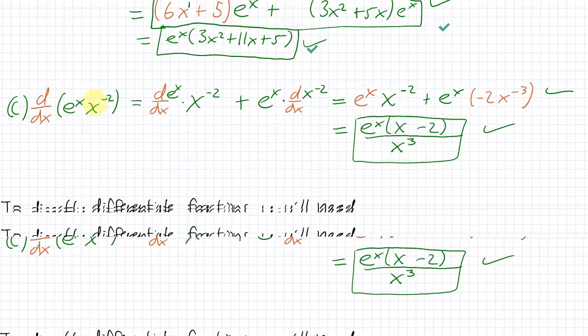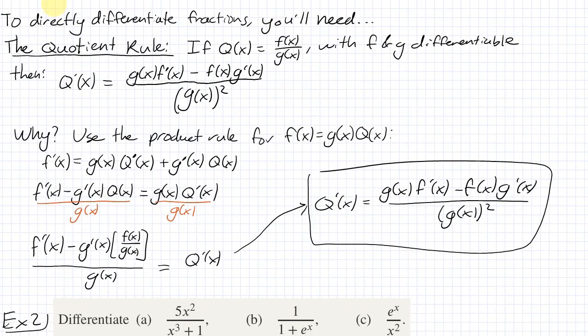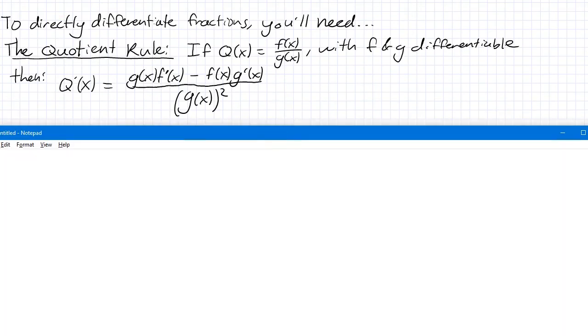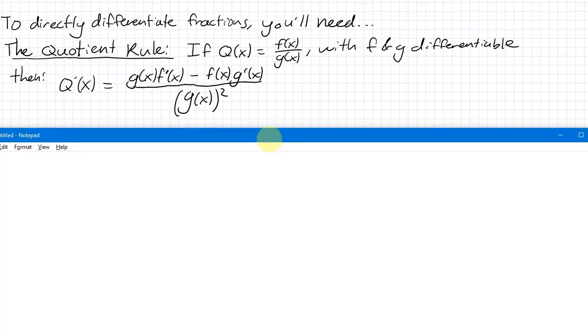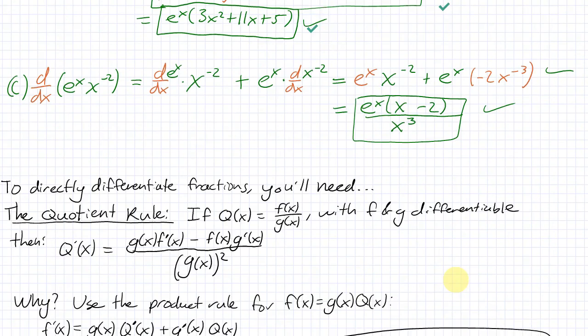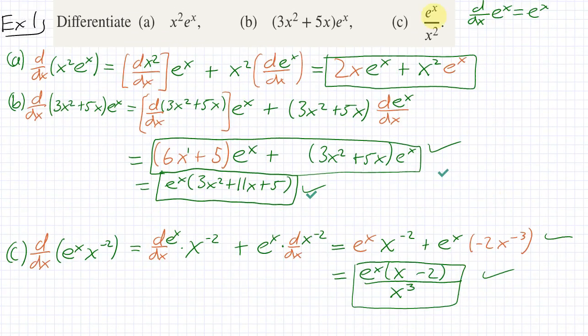Okay, let's look at the quotient rule. The quotient rule is important. I don't want to show you the proof just yet. If you want to directly differentiate fractions like this, so like this last example here, we had to use the trick of turning it into x to the power -2 here.